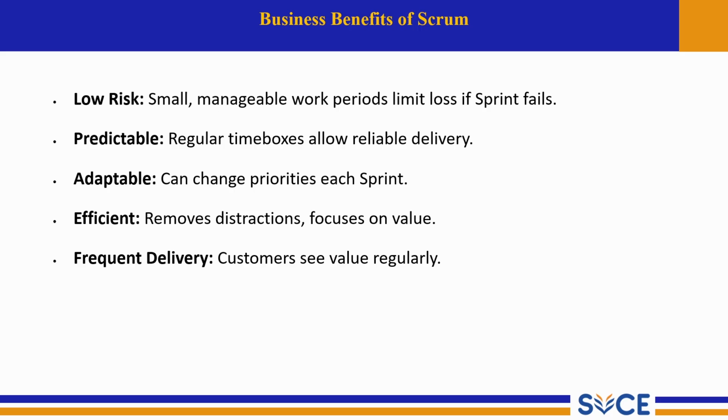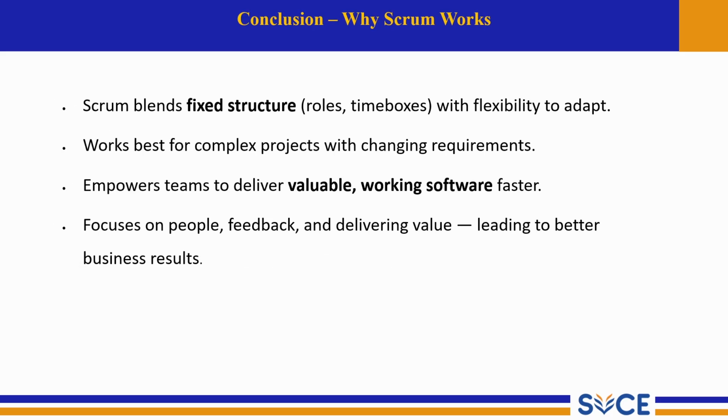And the last slide is the conclusion, why Scrum works. Scrum blends fixed structure, that is roles and time boxes, with flexibility to adapt. This means roles and time boxes are clear, but teams still adapt.